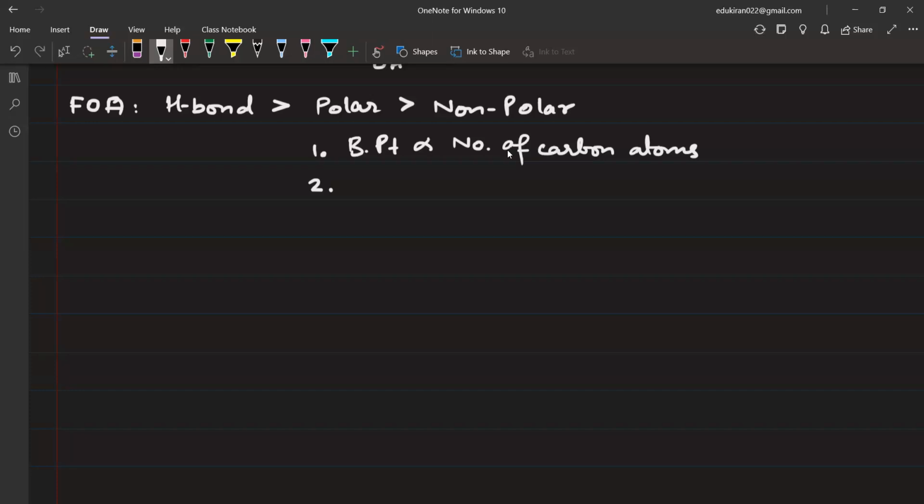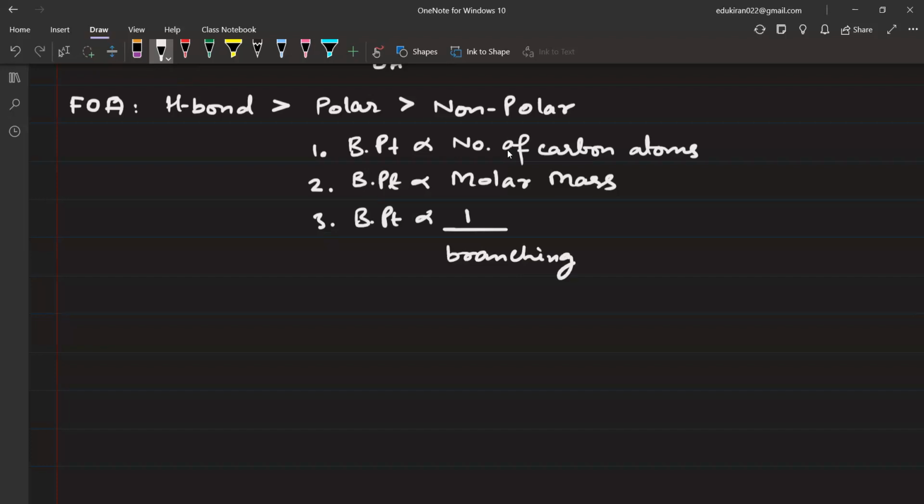Fluorine is small, bromine is larger. Boiling point depends on molar mass, but this is the order. You don't have to look at molar mass first of all. Third, when the molar mass is also same and everything is same, then you will see boiling point is inversely proportional to branching. All of you got this? Yes, sir.